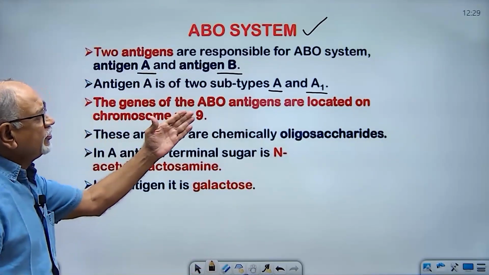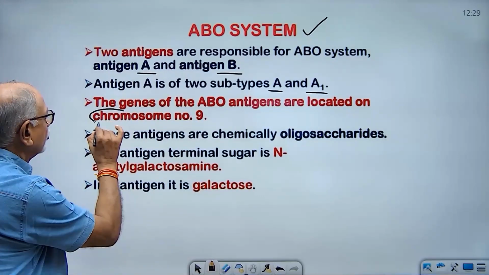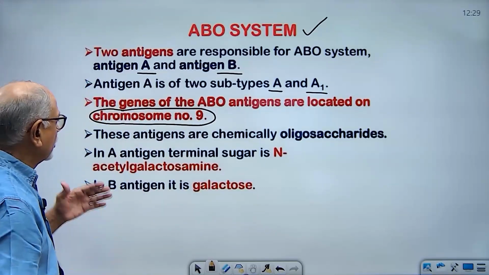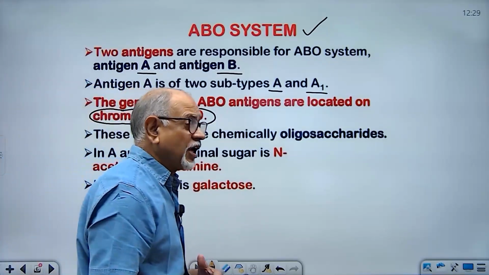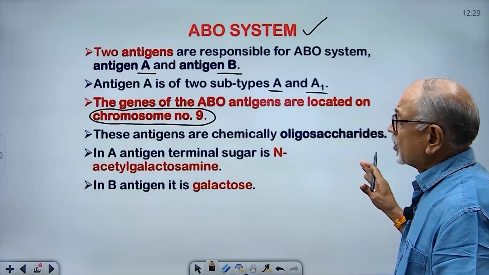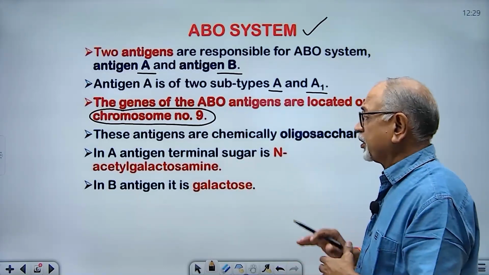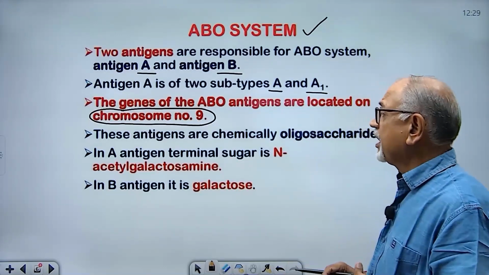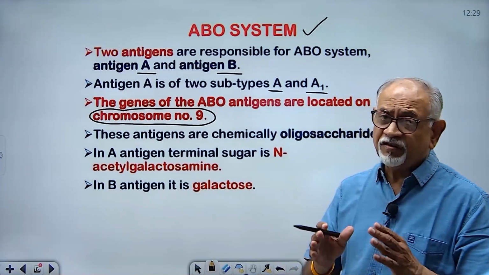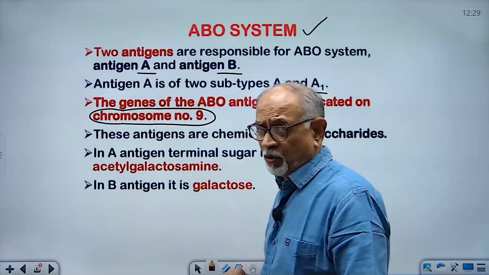The genes of ABO antigens are located on chromosome number 9. These antigens are chemically oligosaccharides. A antigen has a terminal sugar, that is N-acetyl galactosamine, whereas the B antigen has galactose.